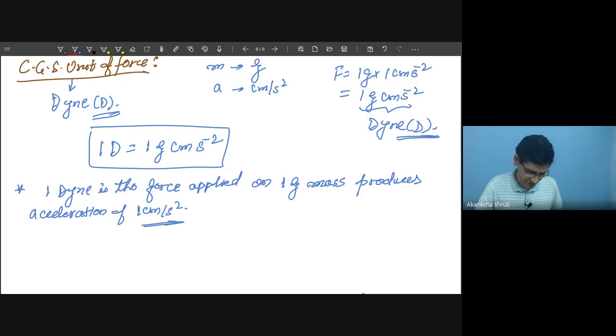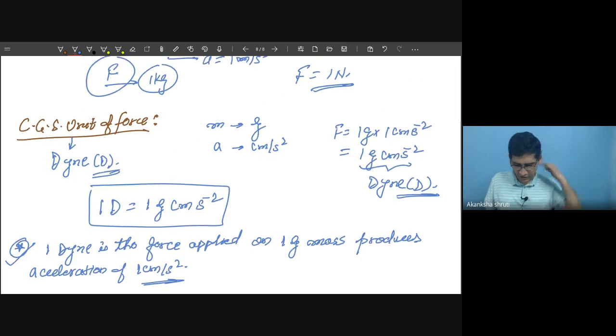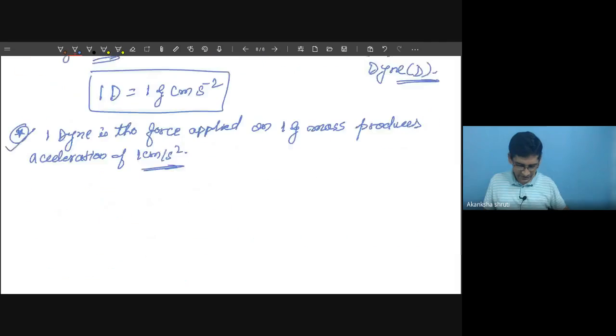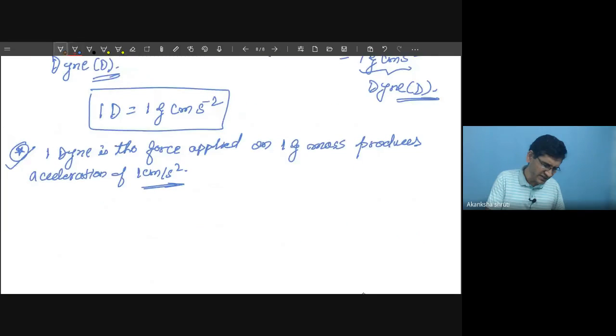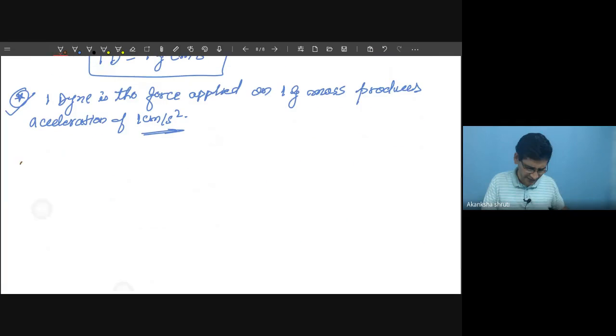So it is the definition of one dyne. So this way the dyne and newton are defined. There is a relation between dyne and newton. It is asked quite frequently.